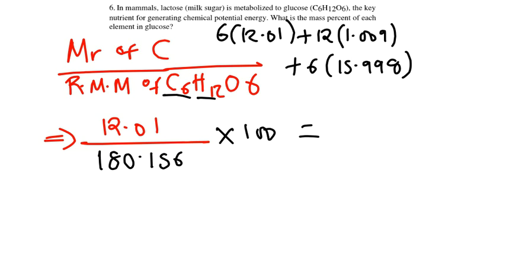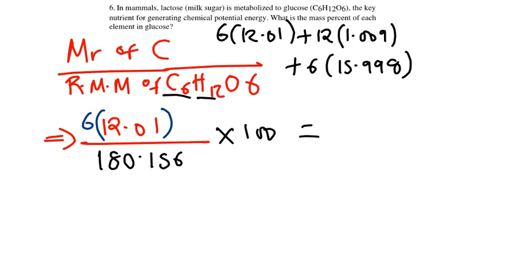So for carbon, in fact, it's not just the molar mass, it's also multiplied by the coefficient. That's why it's messed up. We have 6 carbon atoms, so 6 multiplied by 12.01. That's the contribution carbon makes to the molar mass.